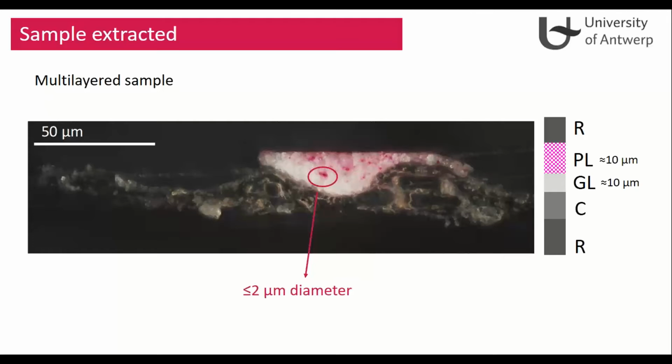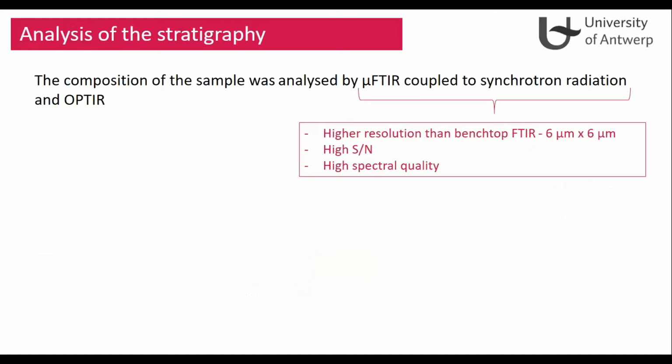So, having these samples already prepared, we went for the first step of our study, which consists of the analysis of the stratigraphy of the painting. Knowing the components of the stratigraphy was needed because knowing the matrix of the painting allowed us to discriminate the composition of the pink particles.